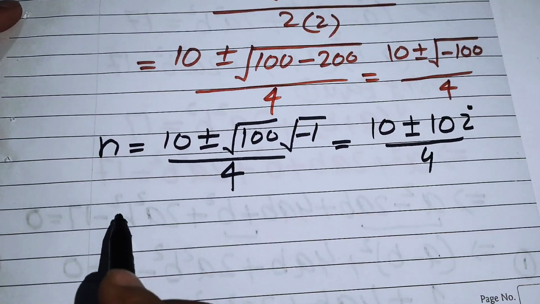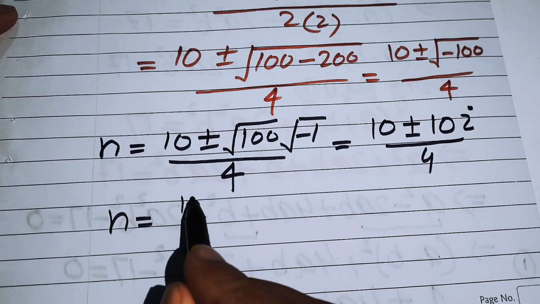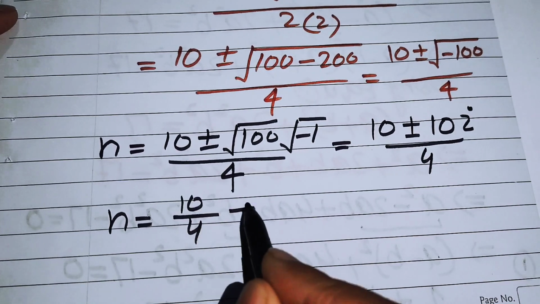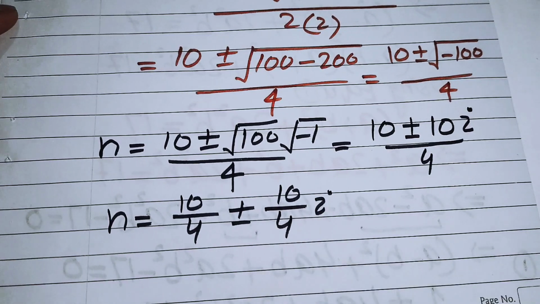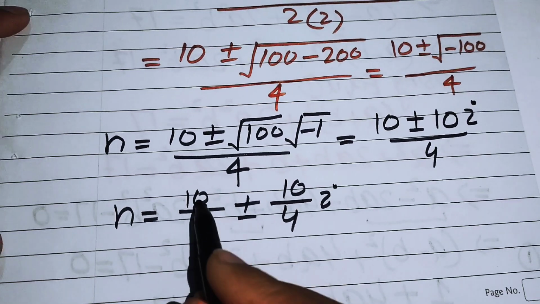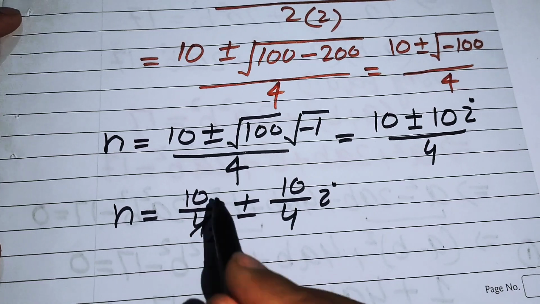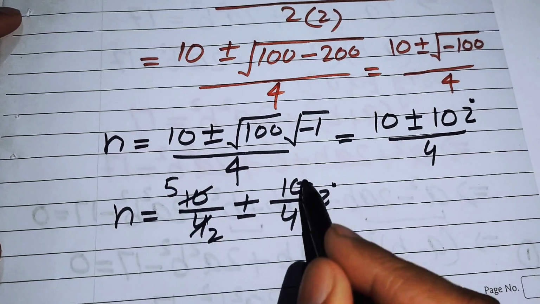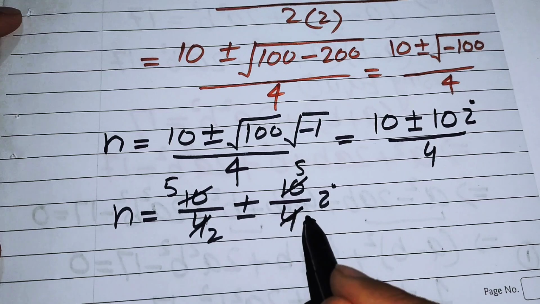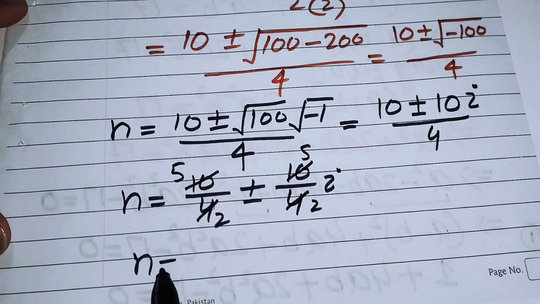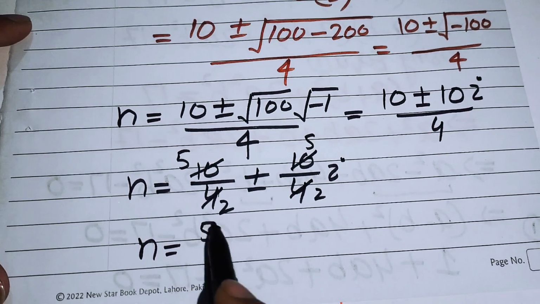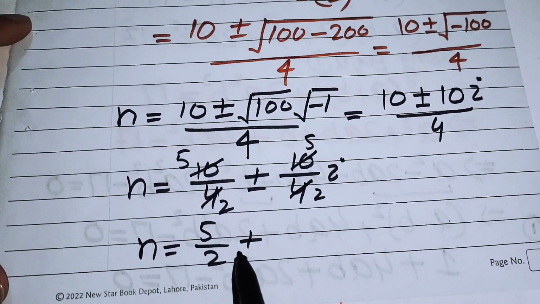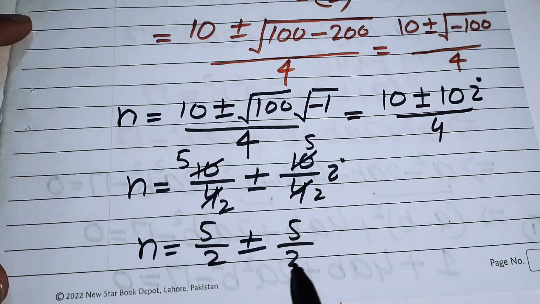So now we break the terms, and we write it as 10 over 4 plus minus 10 over 4 times iota. So now we cancel these terms by the table of 2. So you have 2 2s are 4, 2 5s are 10, and 2 5s are 10, 2 2s are 4. So you get the other roots of the given equation: n equals 5 over 2 plus minus 5 over 2 iota.